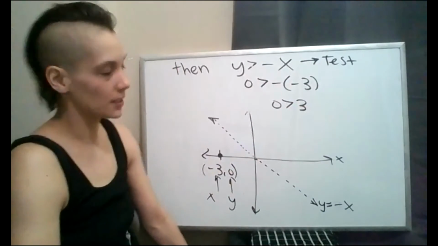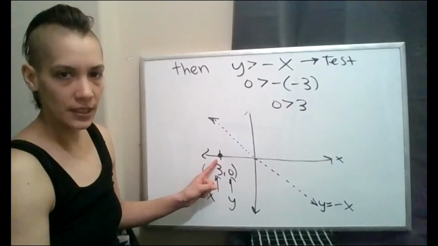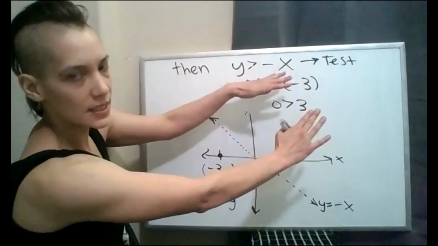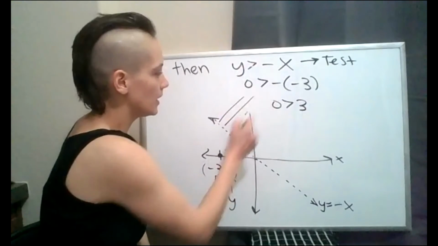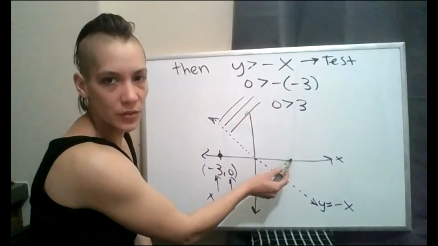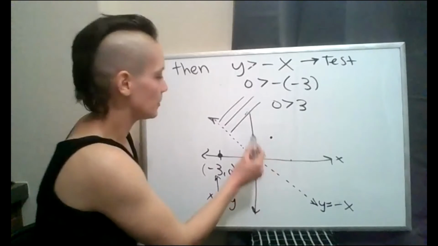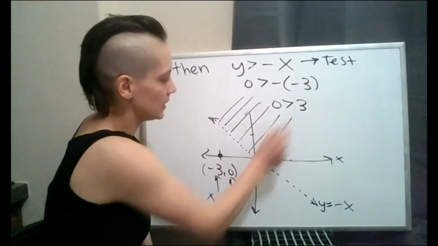Nope, that's false. So that's not a solution, and this is not the solution section. It's on the opposite side, over this way. You can test a point over here if you want to be sure, maybe 1, 1. This is the solution section.